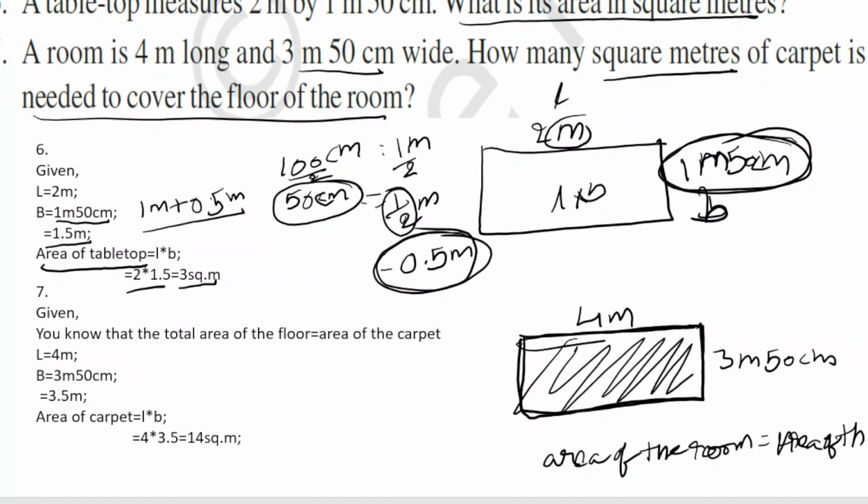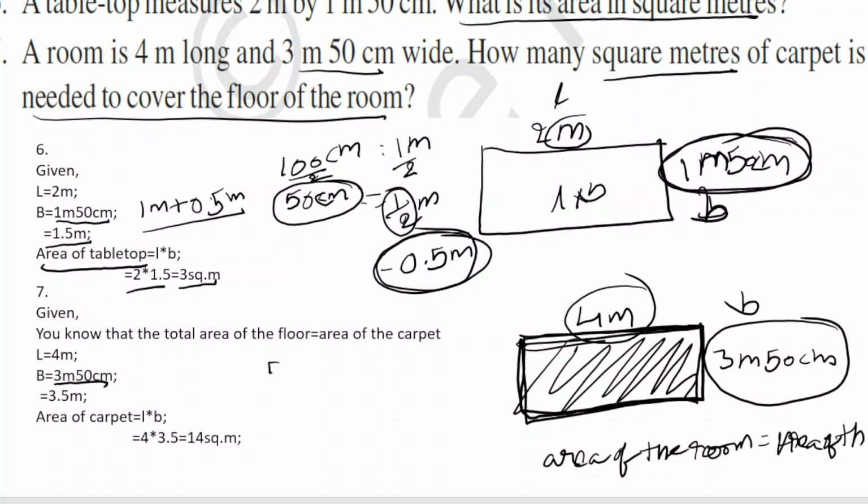So we need to find out the area of this rectangular room, and here length is given in meters but breadth is given in meters and centimeters. So let's convert this breadth into meters. And children, you know that 50 centimeters is equal to 0.5 meters.